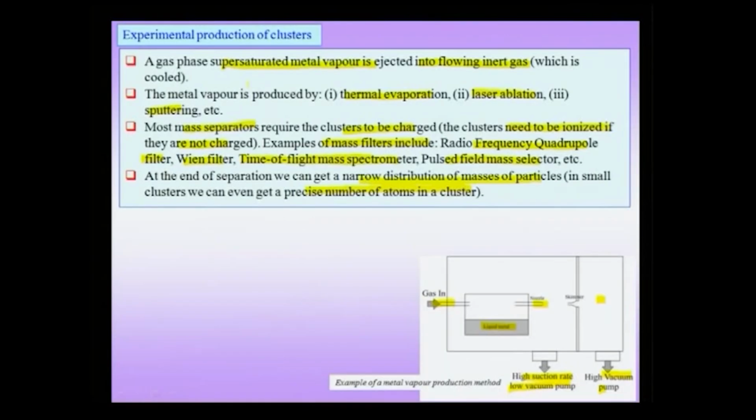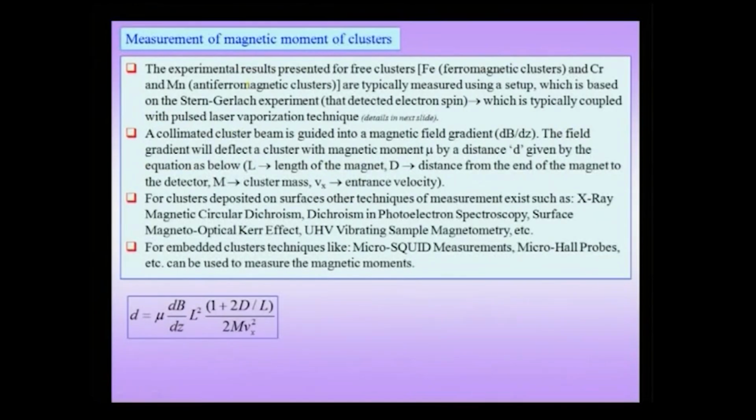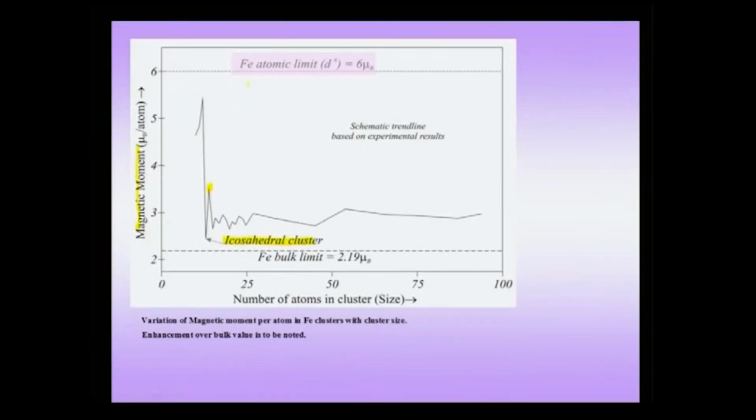Therefore, in small clusters we would like to isolate a precise number of atoms, and as I pointed out, some of these techniques like radio frequency quadrupole filters, Vane filters, etc., help you in separation of these different mass particles, which also imply different numbers of atoms in these clusters. We should also briefly take up here the measurement of the magnetic moments of clusters. We had already noted that these plots which we have seen are actually experimental plots.